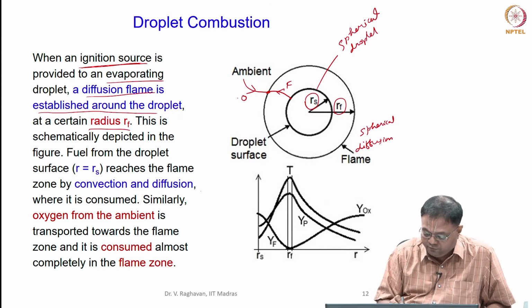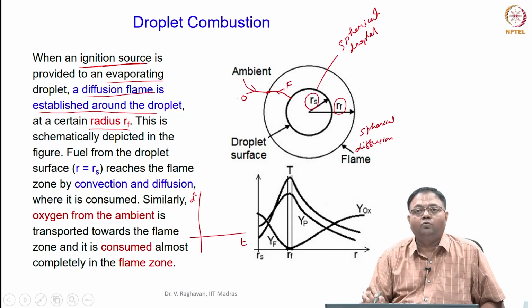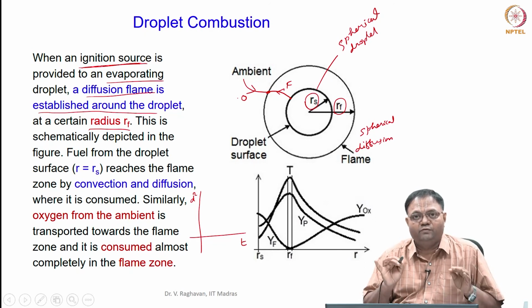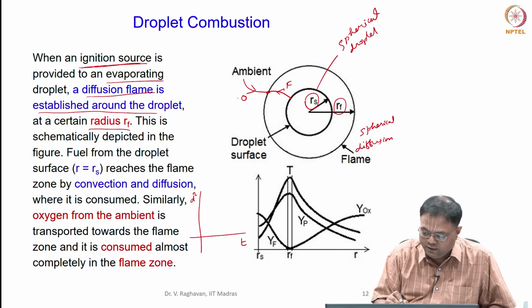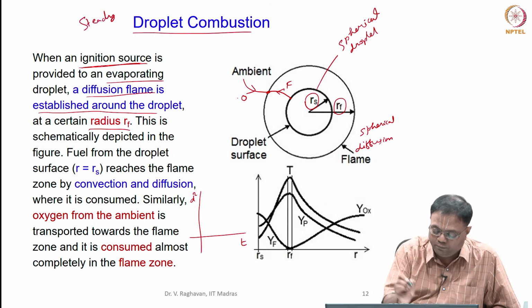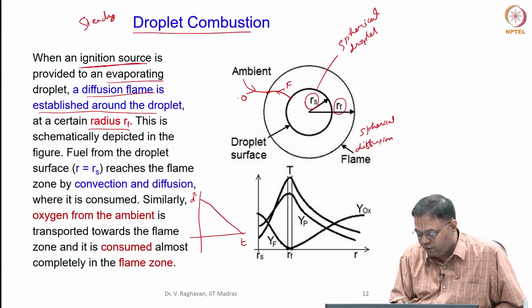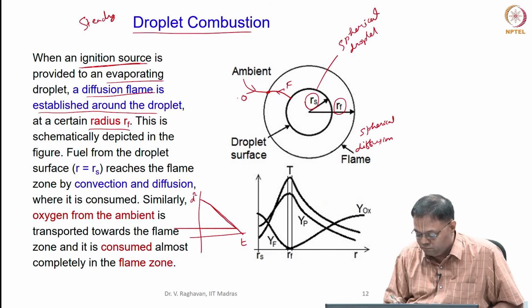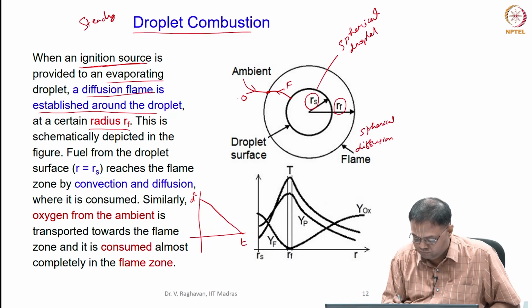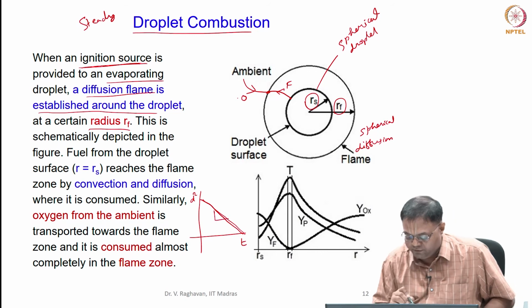So if you look at d squared in this spherical coordinate, and if it is a steady burning problem, a steady droplet combustion, there will be a constant rate. The rate at which this burns is a constant.